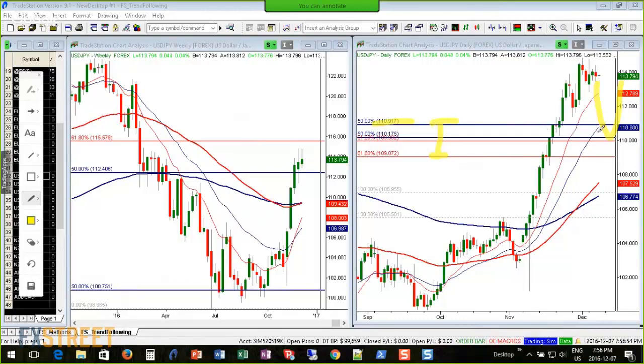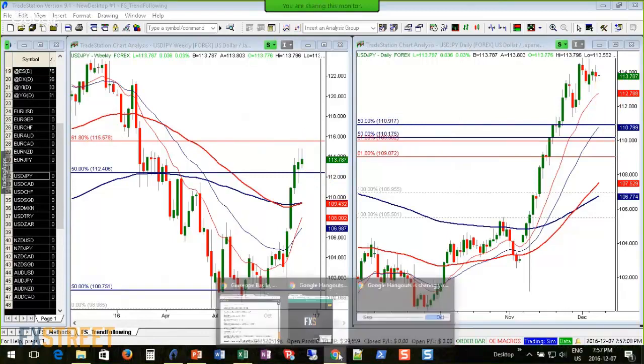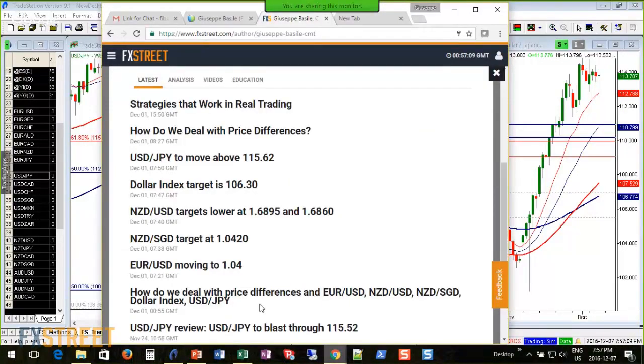So 200 pips of area where this market can be potentially picked up. We just need to understand whether that area is going to be tested now or after the 115.62 level that was mentioned in the past is tested.